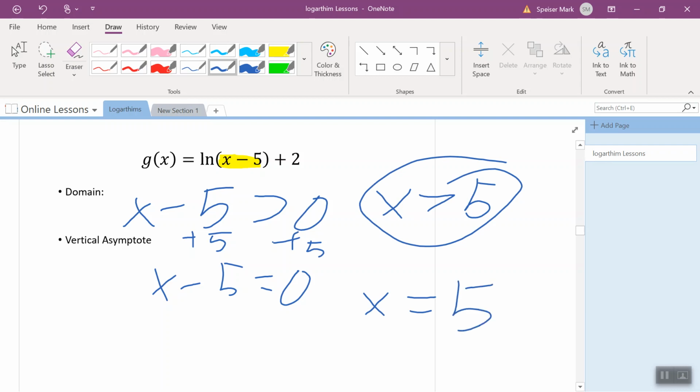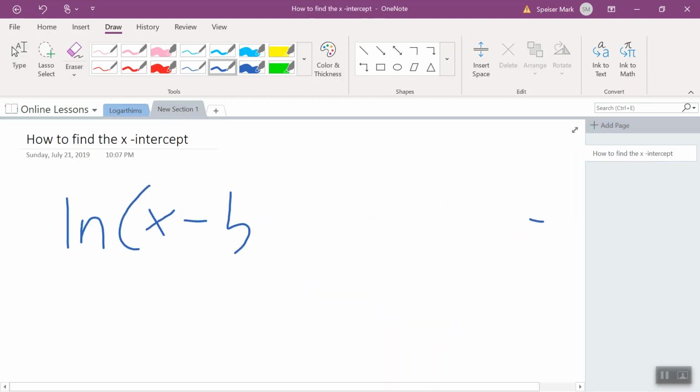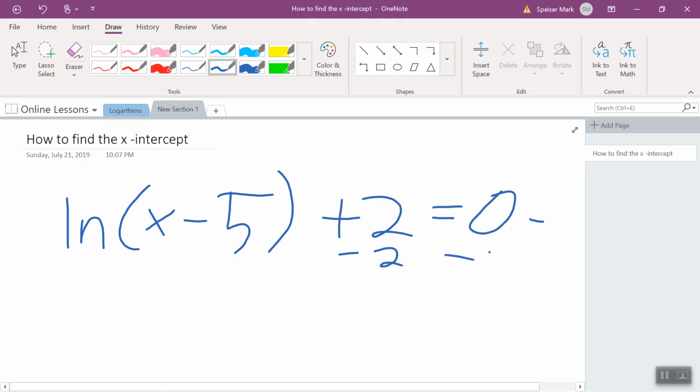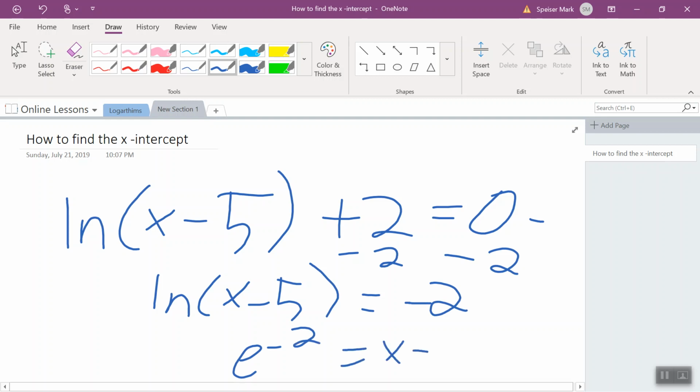To find the x-intercept, you set the equation equal to 0. So natural log of x minus 5 plus 2 equals 0. You minus 2 on both sides. You get the natural log of x minus 5 equals negative 2. So e to the negative 2 equals x minus 5.